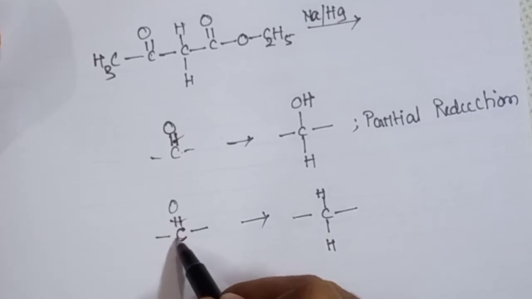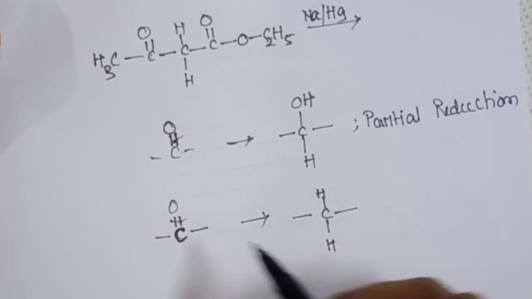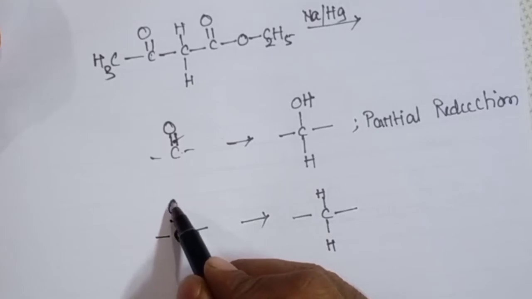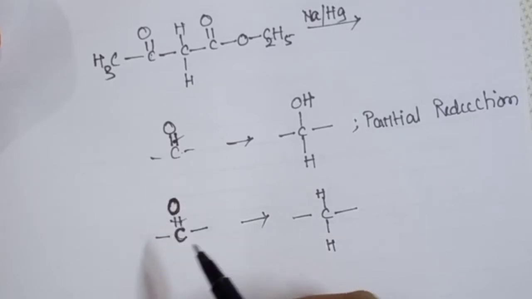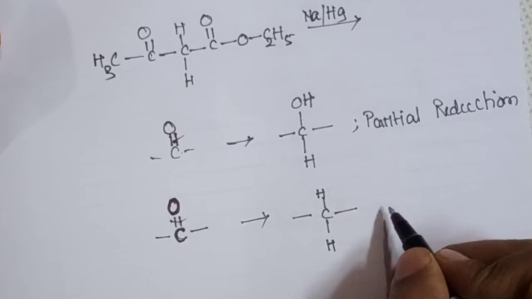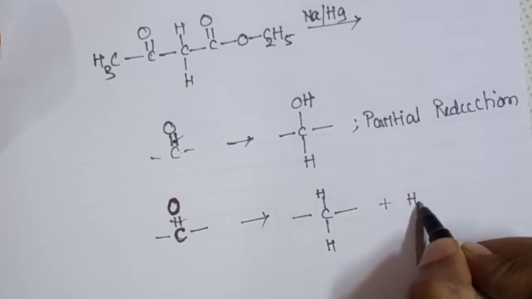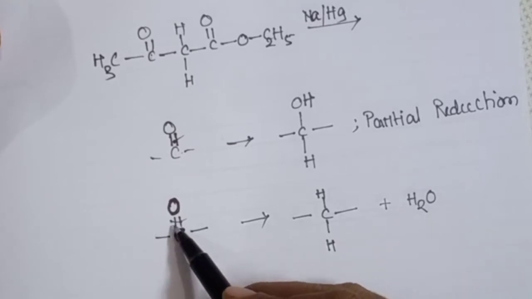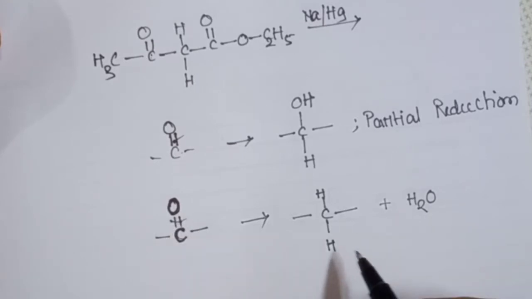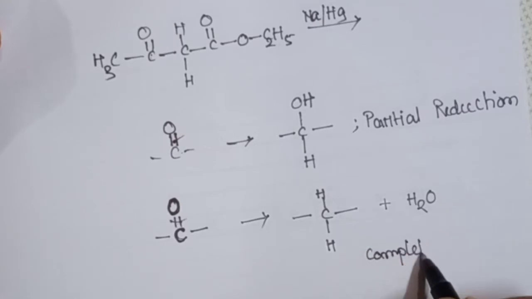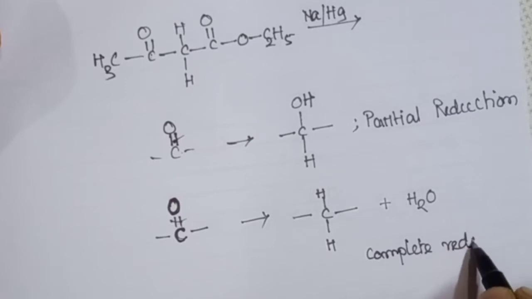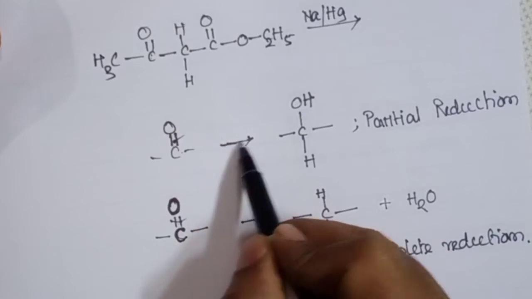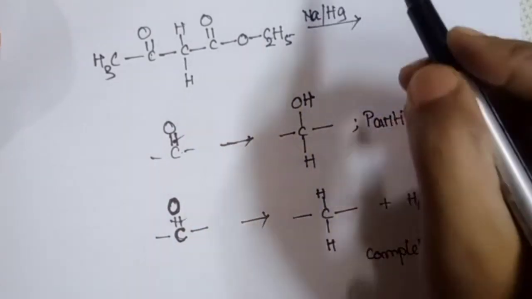So carbon will get 2 hydrogens. Similarly, oxygen also takes up 2 protons to lead to water. As it is completely reduced, it is called complete reduction. For partial reduction, we will use sodium amalgam.